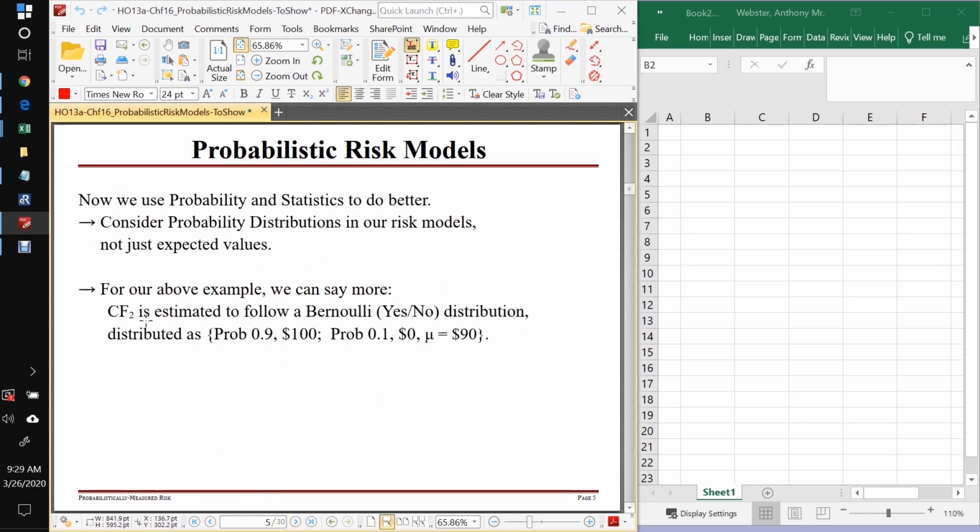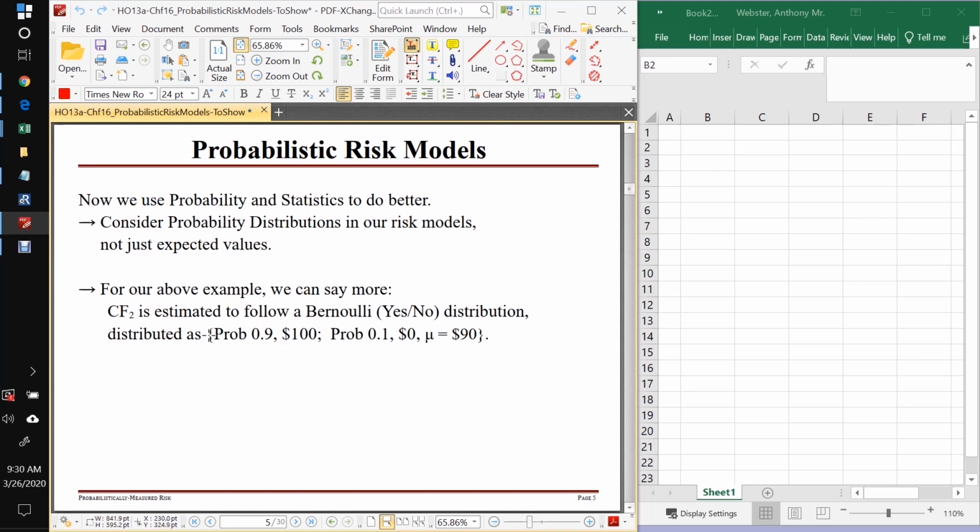So for the above example, if we consider the entire distribution that got us to that $90, we'd say that cash flow 2 is estimated to follow a Bernoulli distribution. Bernoulli distribution is just a yes-no distribution, and it's distributed as probability of 90% that we get 100, probability of 10% that we get 0, and that gives us our expected value of 90.